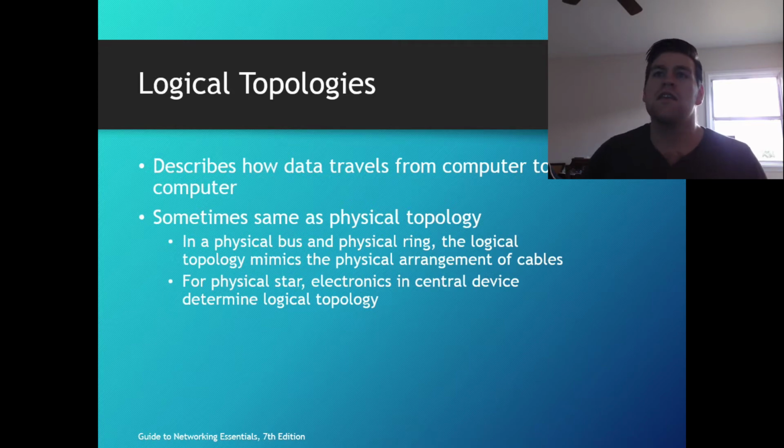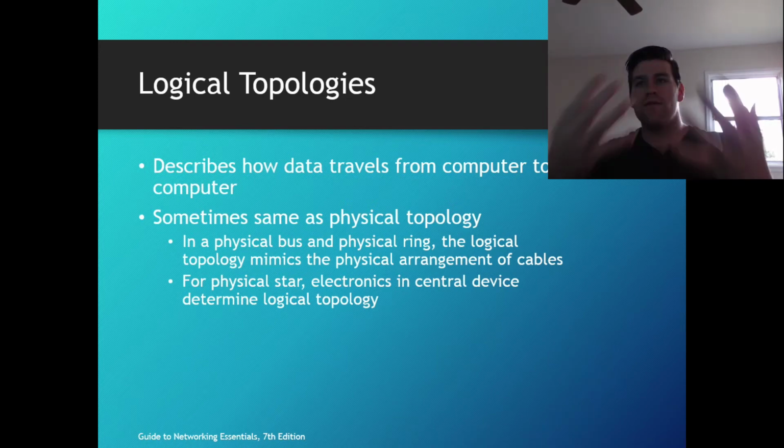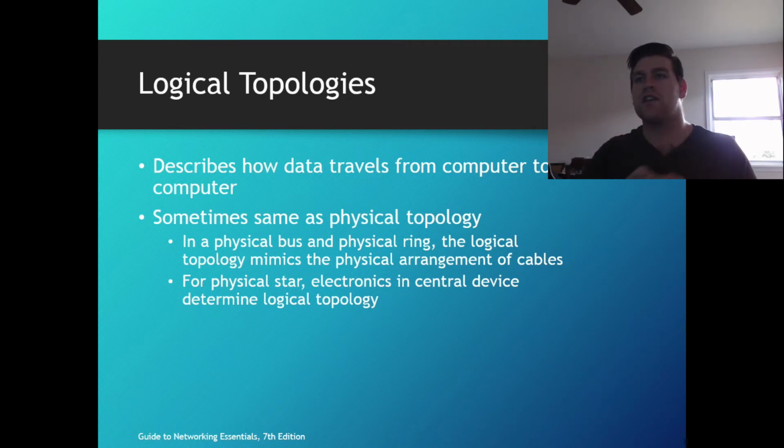So in many cases, when you're talking about a physical bus or a physical ring, the logical topology will actually mimic that. So when you talk about a physical bus, you will also have a logical bus. Likewise, when you're talking about a physical ring topology, you'll also have a logical ring.